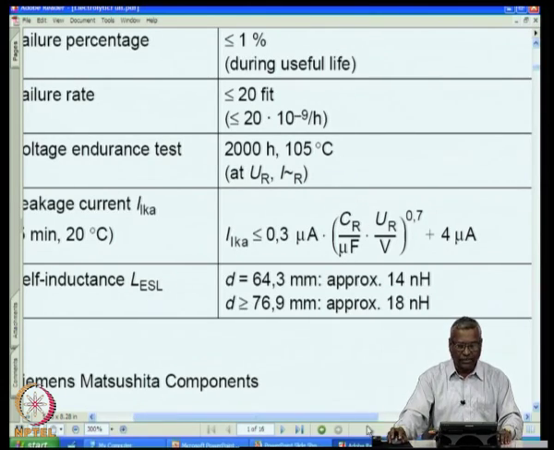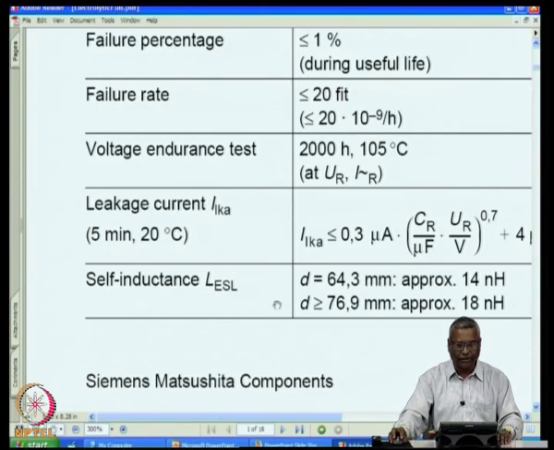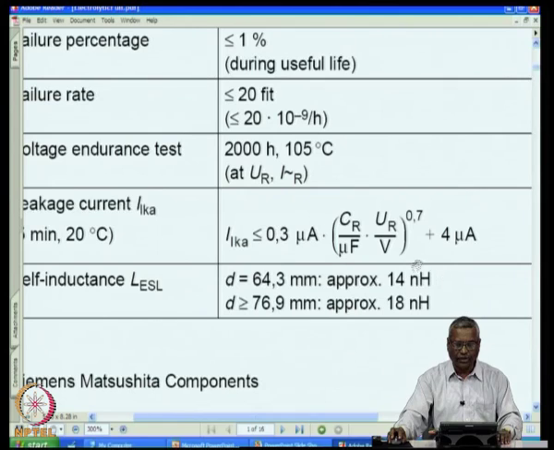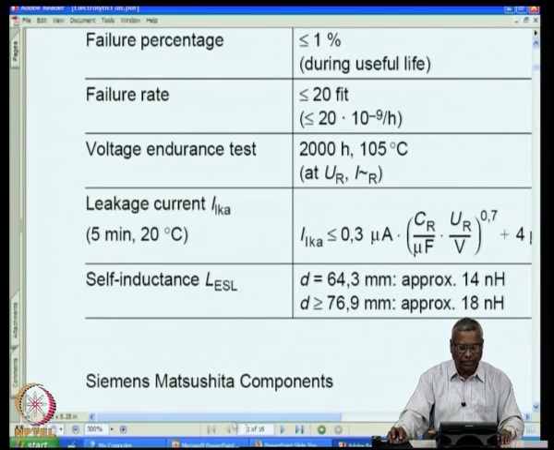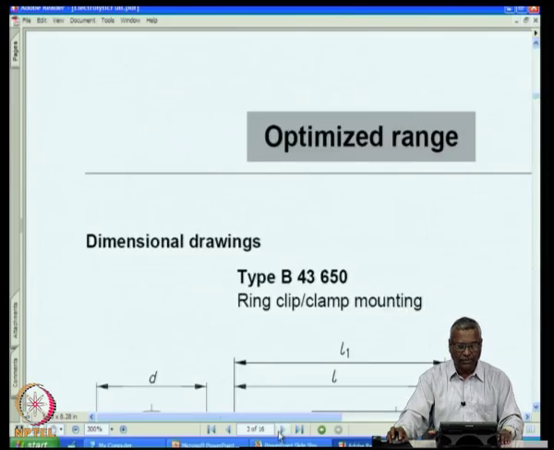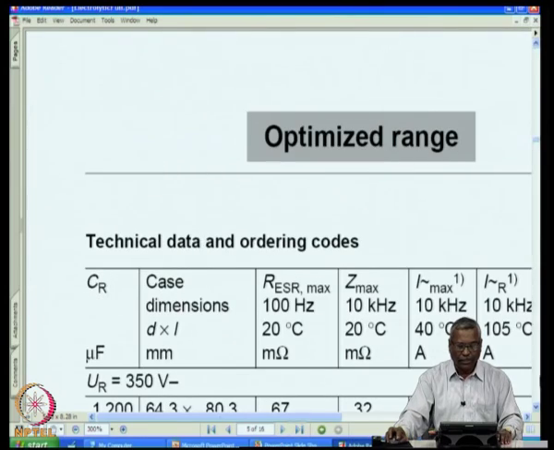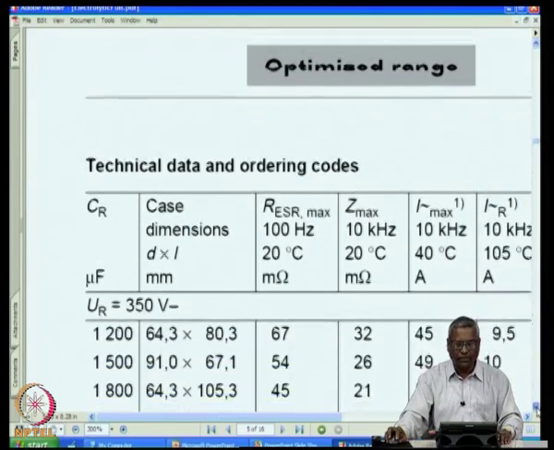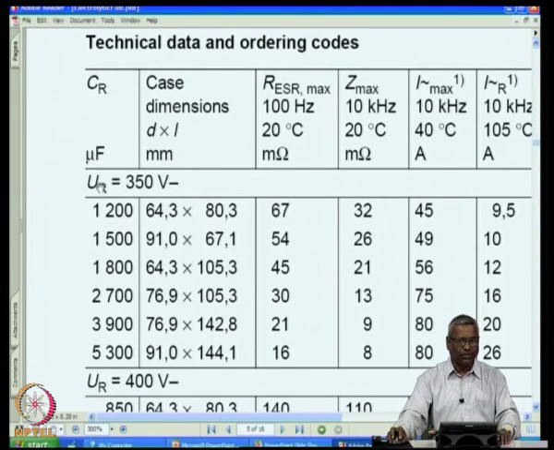And the ESL is also given, this self inductance L ESL, for different packages, 14 nanohenry or 18 nanohenry. And in the same way, you will see that there is an associated ESR also at 100 hertz at 20 degrees.